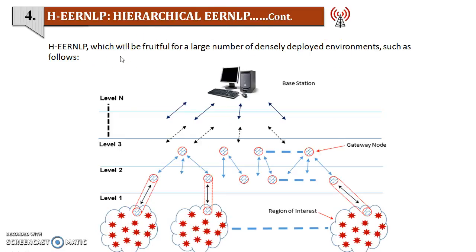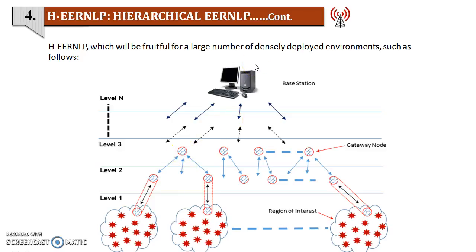HEERNLP will be fruitful for a large number of densely deployed environments as follows: the base station is available at level N, and the tiny nodes or sensor devices are available at level 1. These can communicate their path to level 2. Level 2 again communicates its path to level 3, and so on, until it reaches the base station.